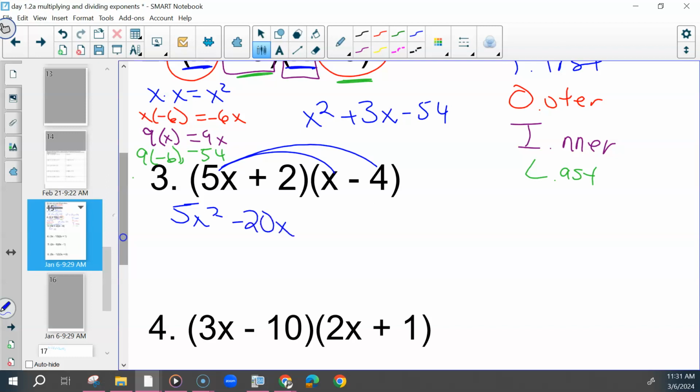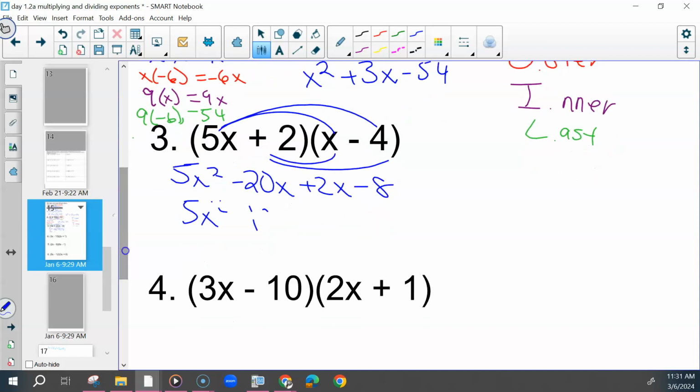Negative 20x. Inner, 2 times x. Plus 2x. And last, 2 times negative 4. Negative 8. And then combine like terms. What would that be? 5x squared minus 18x minus 8.